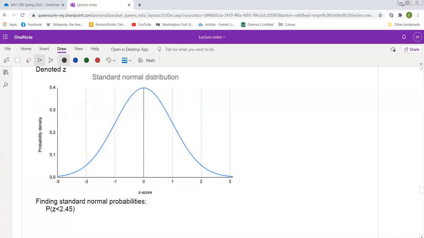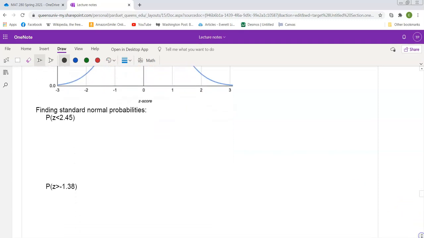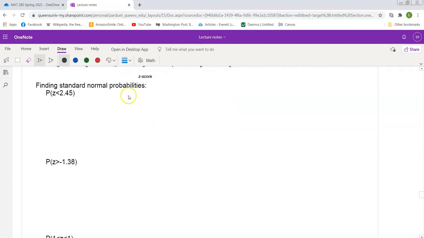So, for example, probability that z is less than 2.45. I think it helps to sketch these. So I'm going to have you sketch these. That looks terrible.